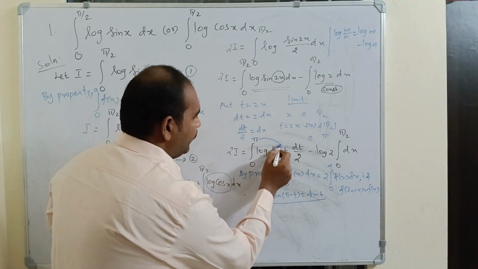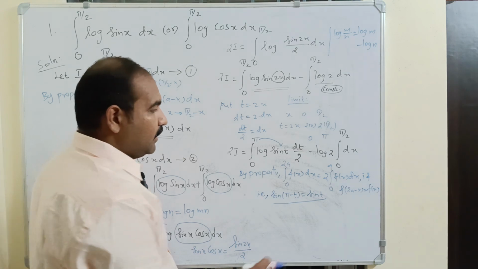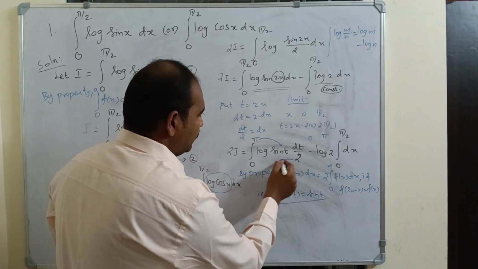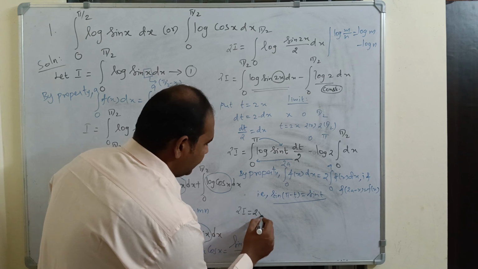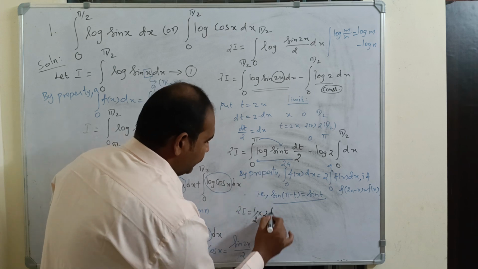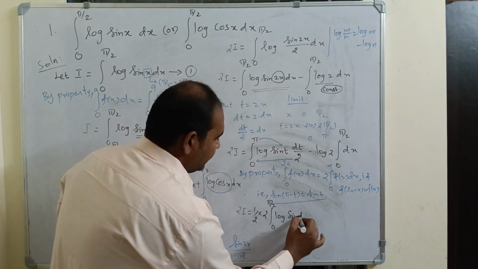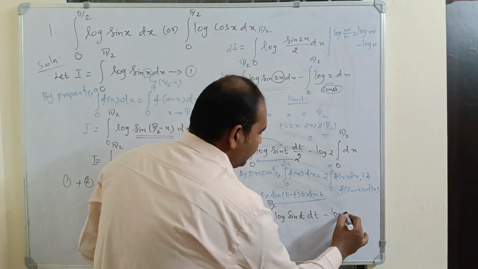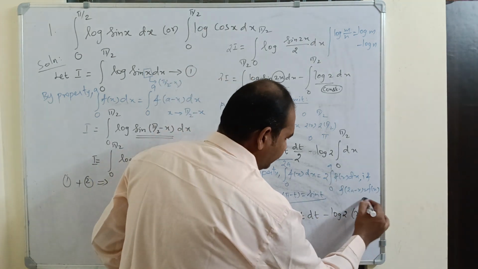So this can be written as 2 times, with upper limit pi by 2. So 2I is equal to 1 by 2 times 2 times integral 0 to pi by 2 log of sin t dt. So the 2s cancel. Here, for log 2, the integral of dx is equal to x, with limit 0 to pi by 2.